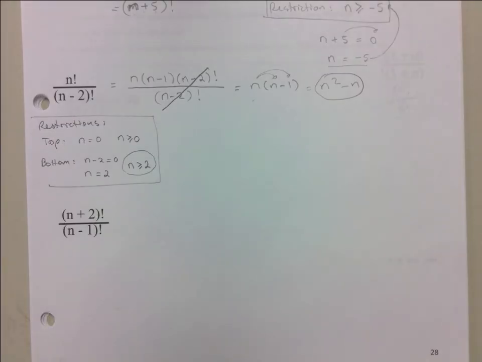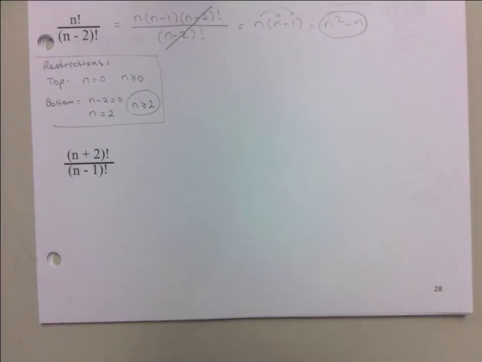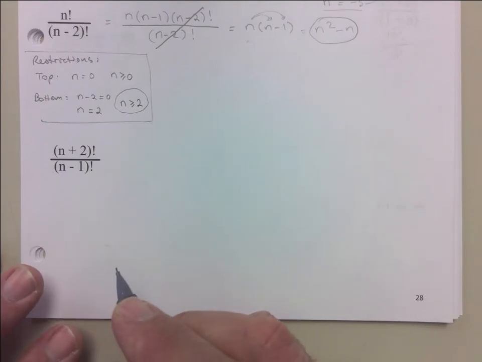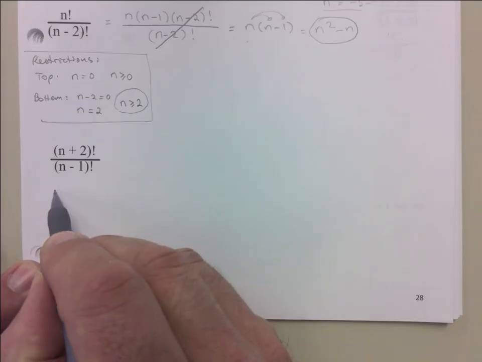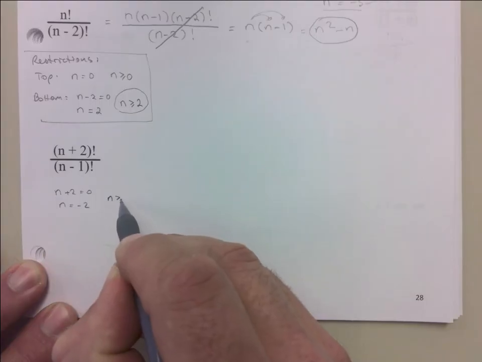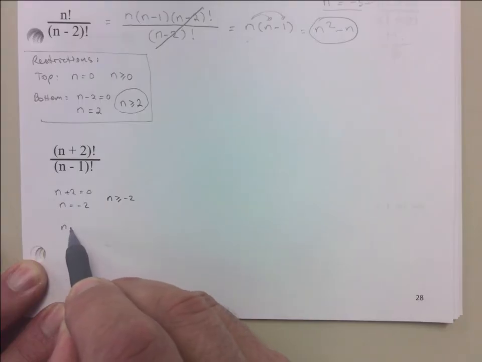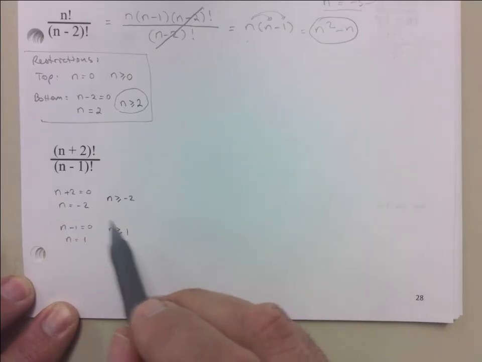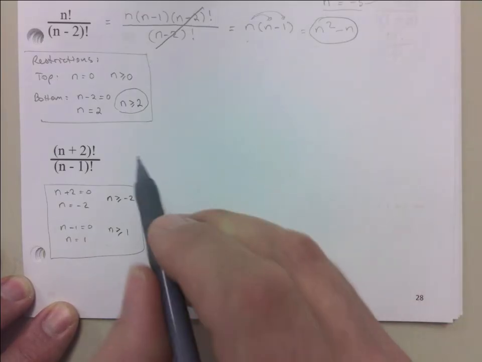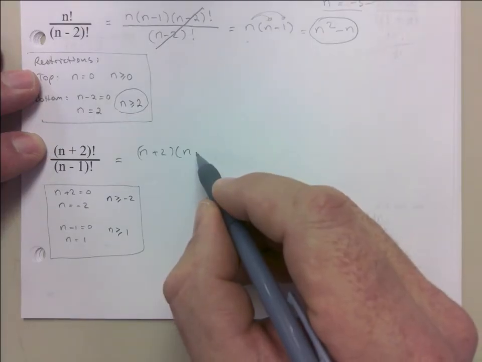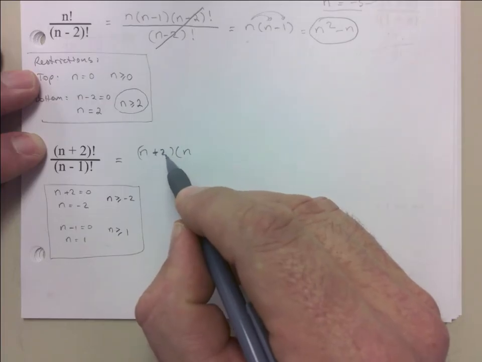So you got to do the top, figure out what's not acceptable at the top, figure out what's not acceptable at the bottom, and then you go ahead and solve. I'm solving it up here if you're looking up.